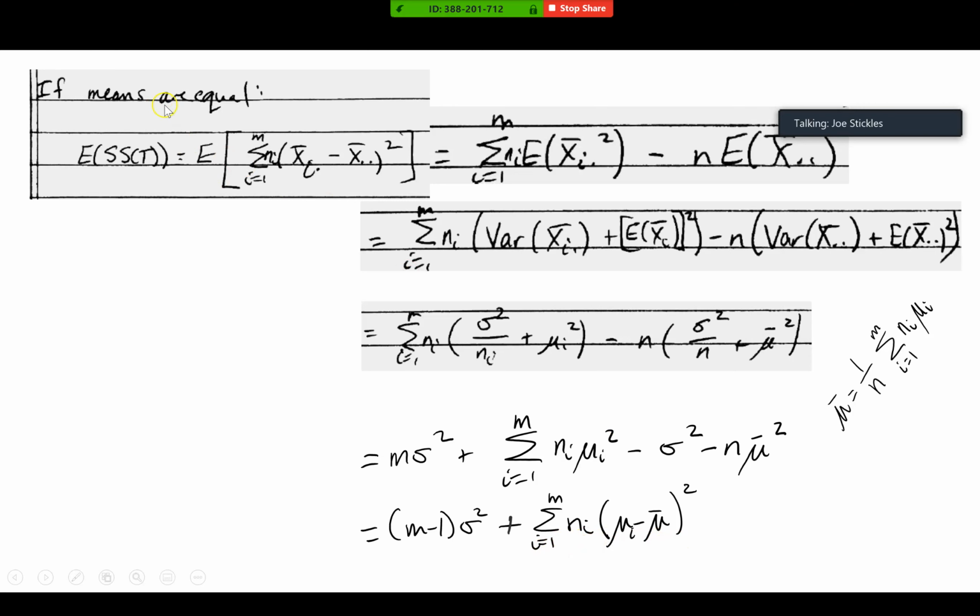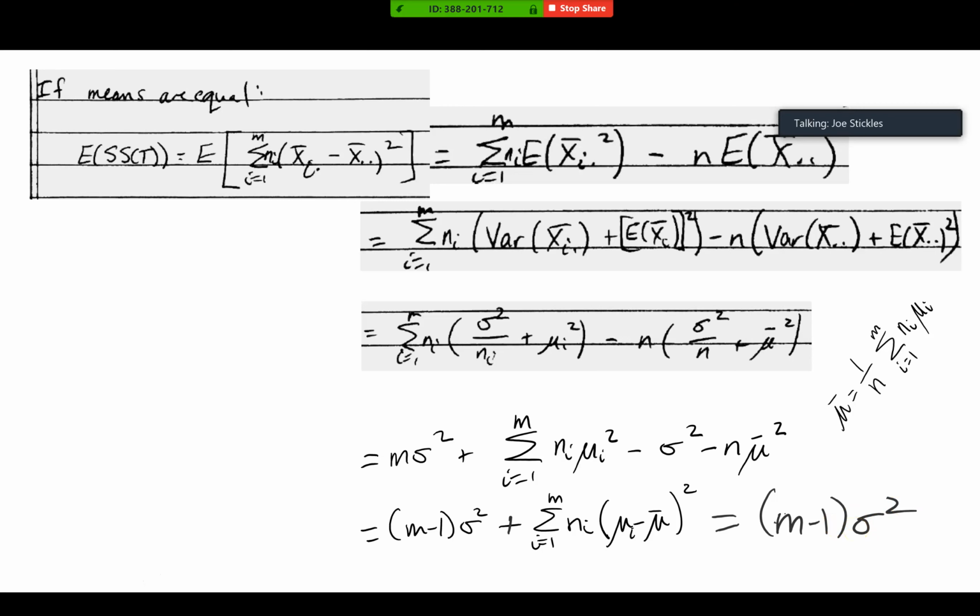But if we're assuming that all of the means are equal, this piece is going to be 0 no matter what. If they're not equal, then this is going to be something positive because we're squaring all of them. But in particular, I get m minus 1 times sigma squared.